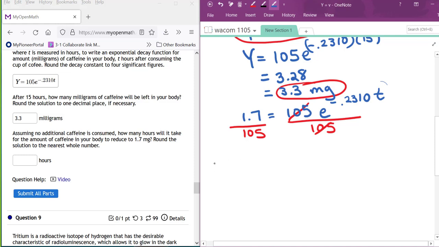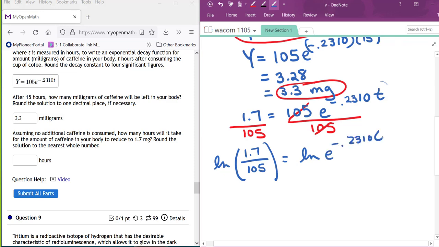All right, and now I'm going to take the logarithm of 1.7 divided by 105. Take the logarithm over here of e to the negative 0.2310t. That will bring my exponent down.